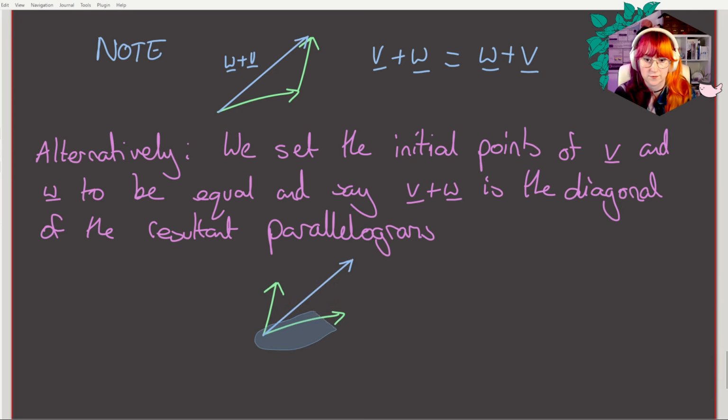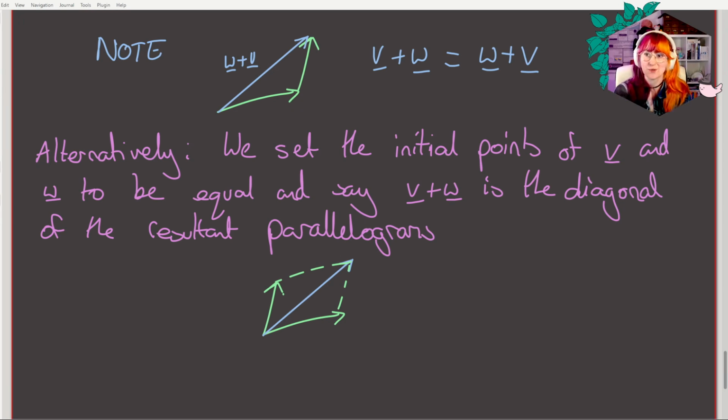So I can take that line and plonk it there. This is why you should always use straight lines when doing this. You can see that it does finish off a parallelogram. There you go. Exactly.